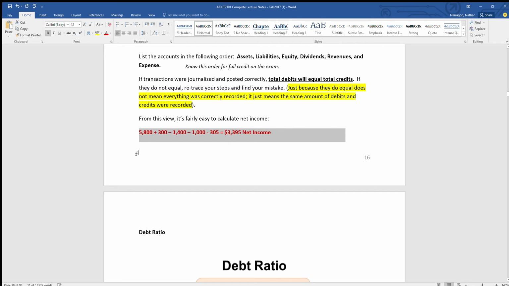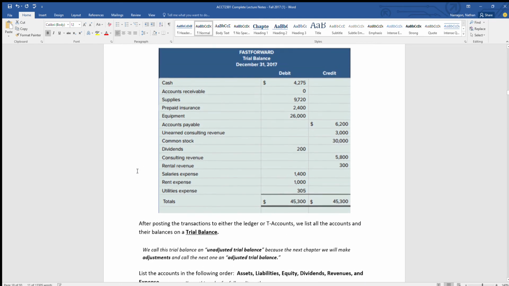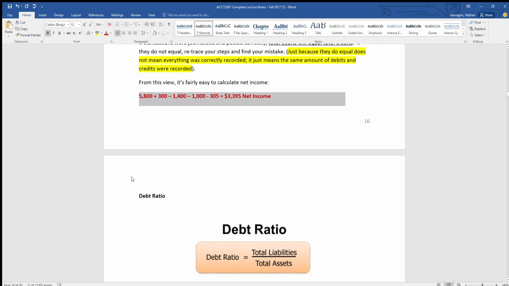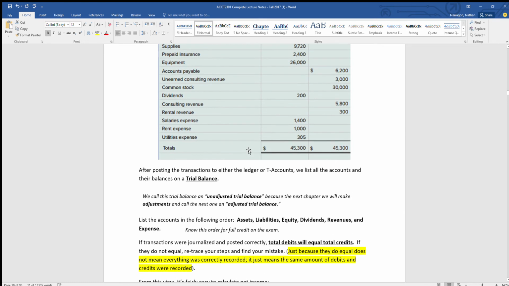So from this view, we can really easily calculate net income if we wanted to by taking out the numbers. So we actually have 5,800 plus 300 minus 1,400 minus 1,000 minus 305.